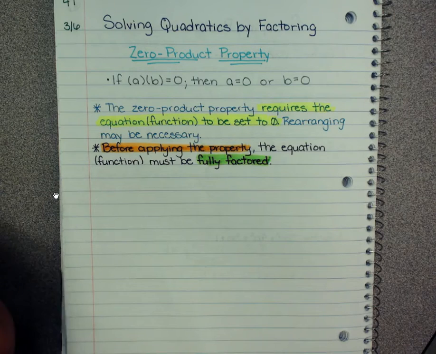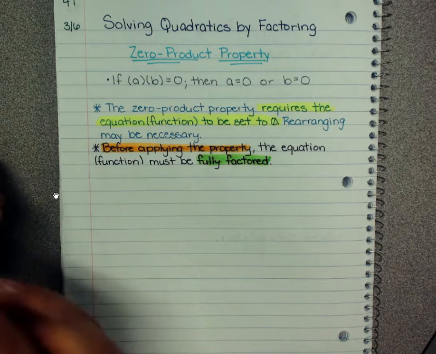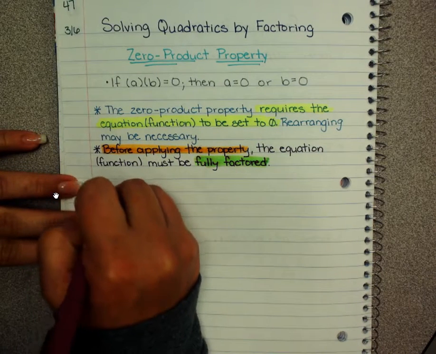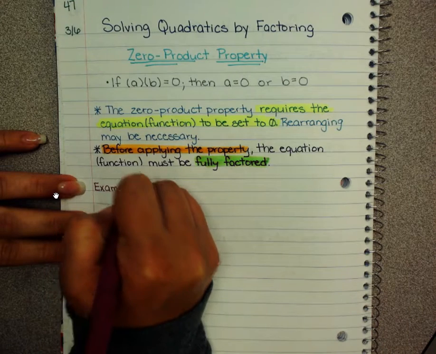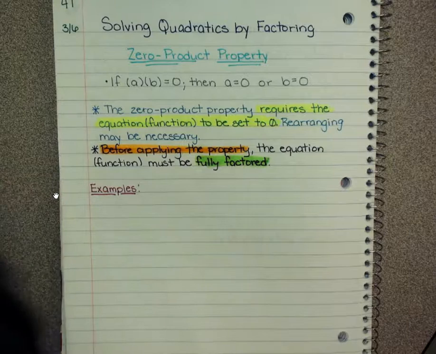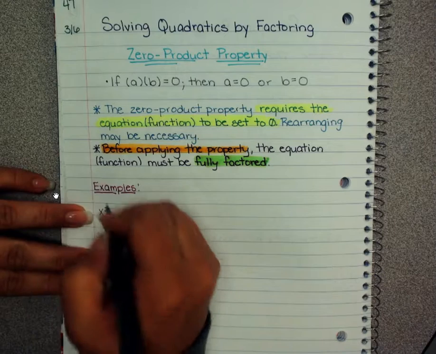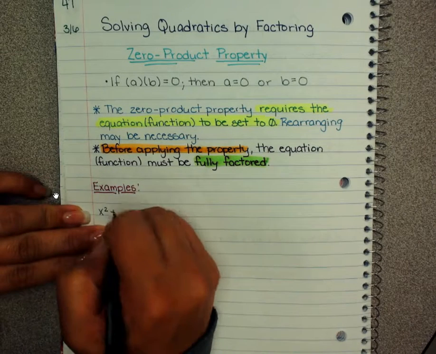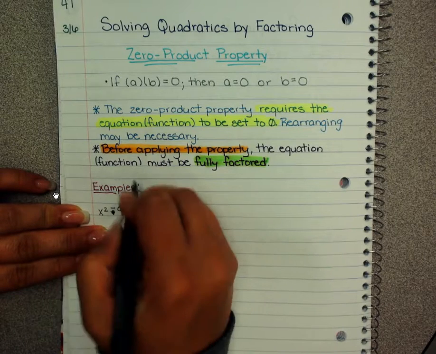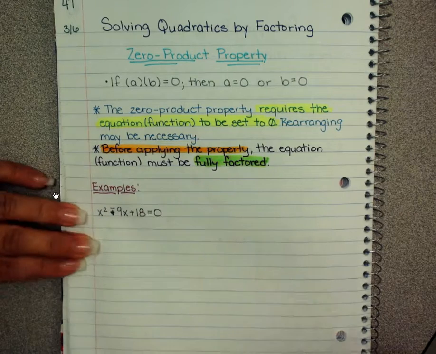All right, my little peoples, our examples. We're going to do two. One that we have to rearrange and one we do not. All right, so here's our examples. X squared plus, oops, I'm sorry, not plus, subtract 9x plus 18 is equal to 0.